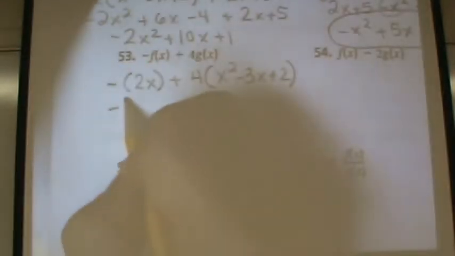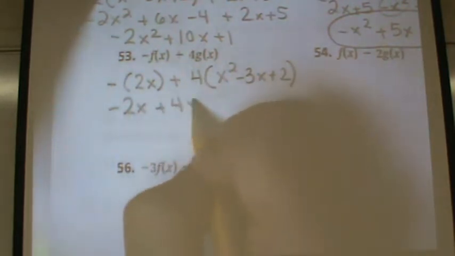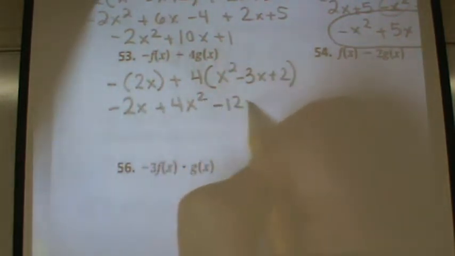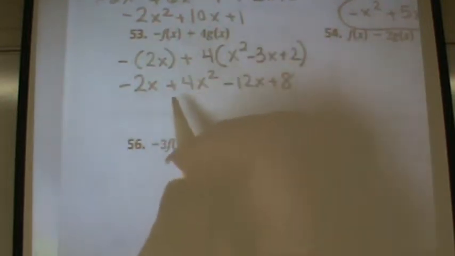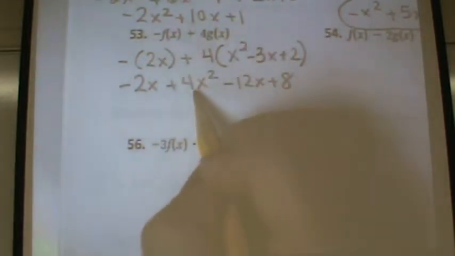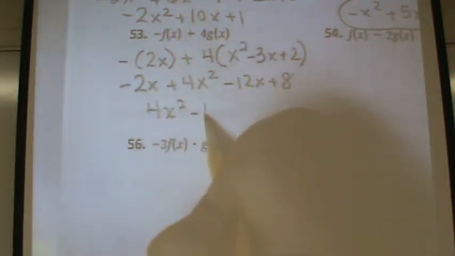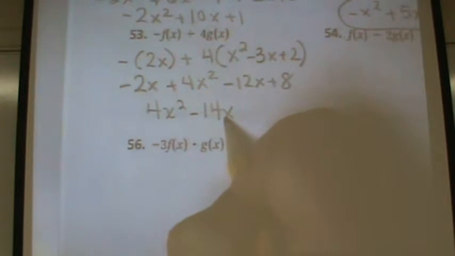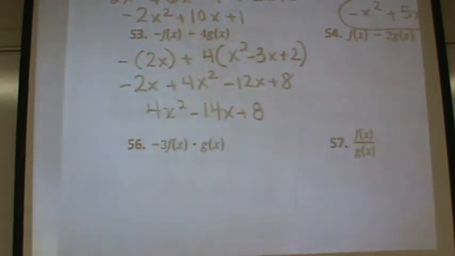So it's negative 2x plus 4x squared minus 12x plus 8. Better answer? 4x squared minus 14x plus 8.